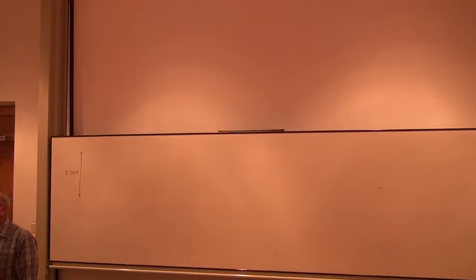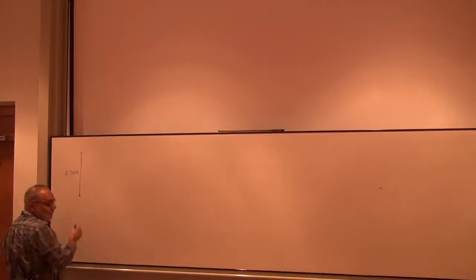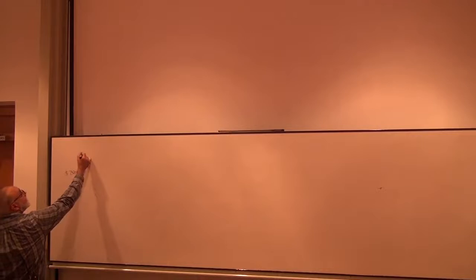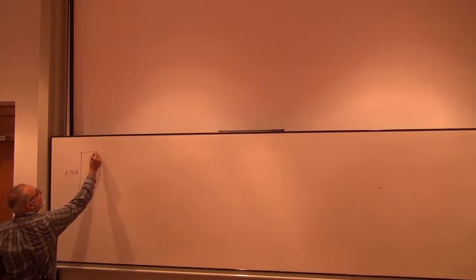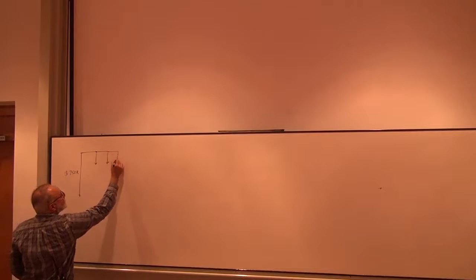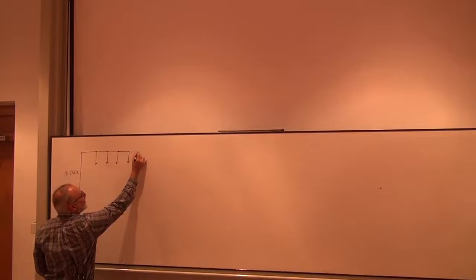Again, we are assuming that the cost occurs at the end of each year, this operation and maintenance cost. We are told that it has a 6-year lifetime. Then we just draw these 6 years here, and at the end of each year we are assuming some O&M cost, 10K.